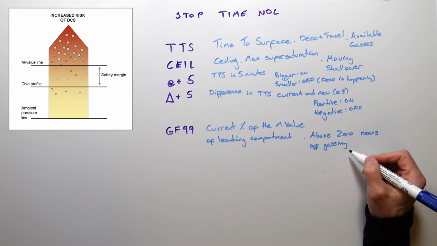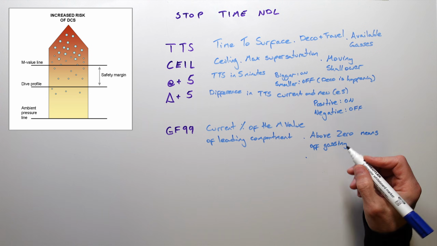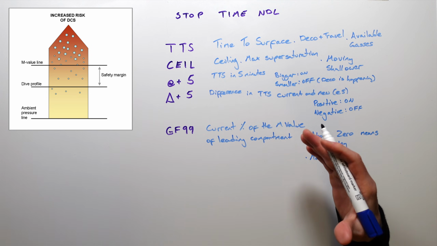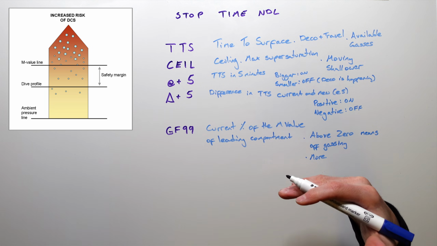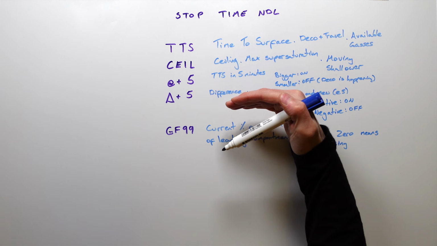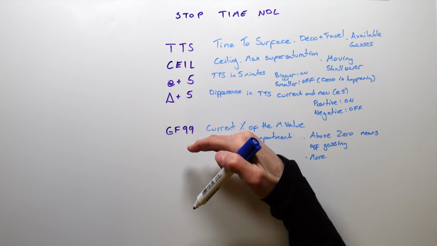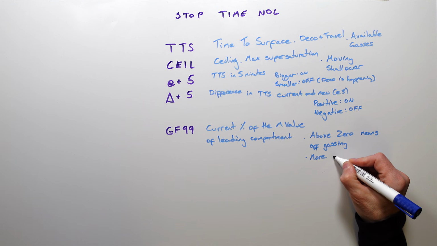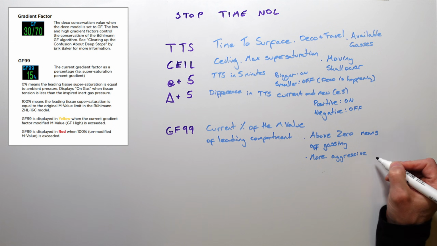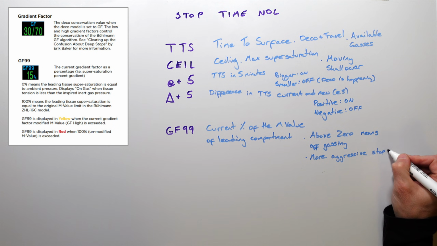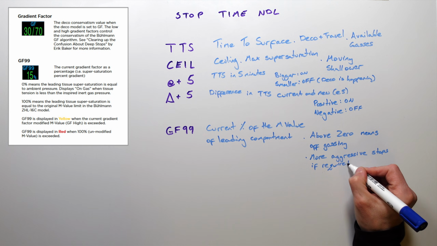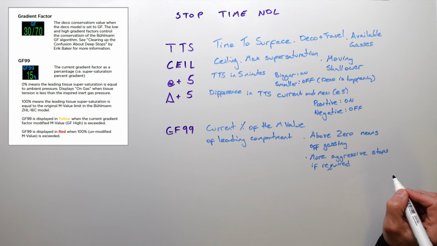And we said that you can use this to make more aggressive stops. If you were programmed on, let's say, 50, 70, it's going to stop you on those gradient factors, but you can now decide, actually, I want to stop every time it's 90. You could use this value to make more aggressive stops. And what that really means is getting out earlier than you planned. So that's if you're required to do those.